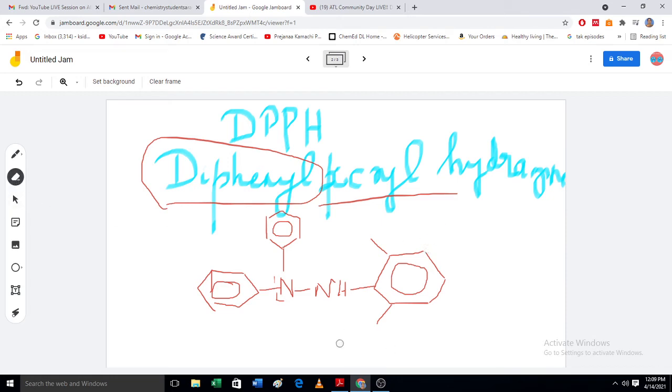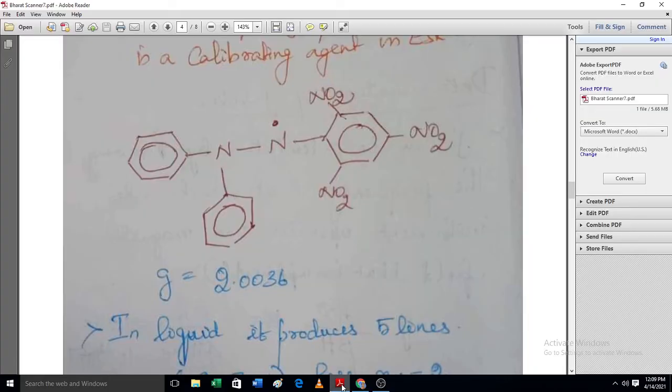So this is my hydrazine, and here if I have a radical, then it is the diphenyl picryl radical.